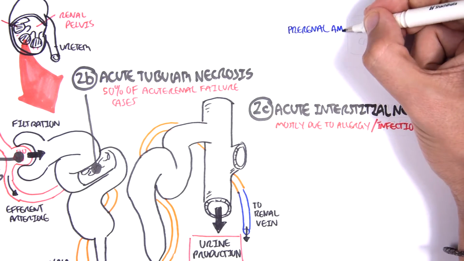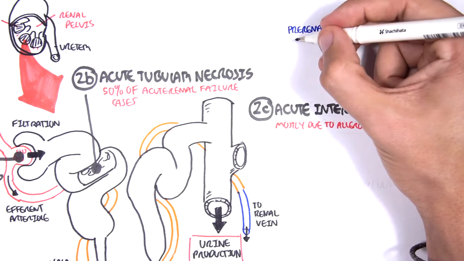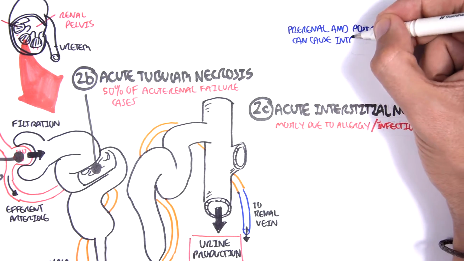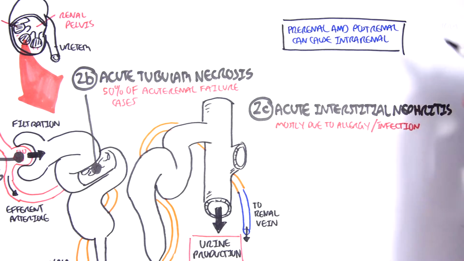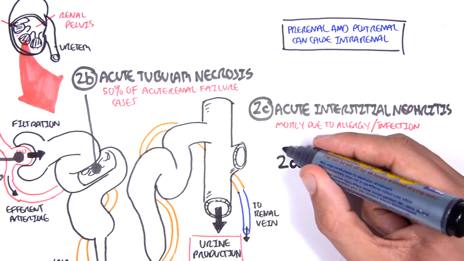For example, a pre-renal and post-renal can cause an intrarenal problem. And so this leads to the fourth main type of intrarenal cause of acute renal failure, which is vascular.